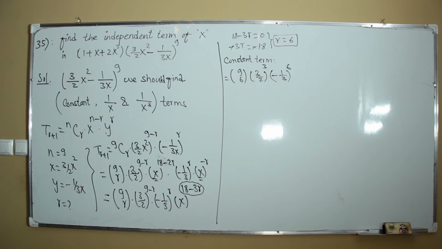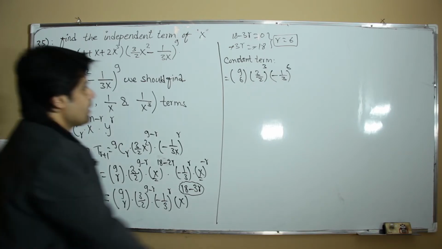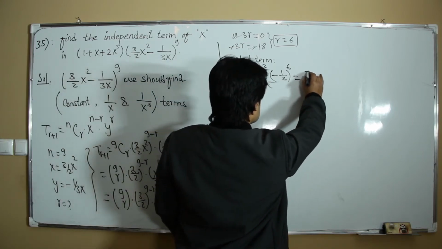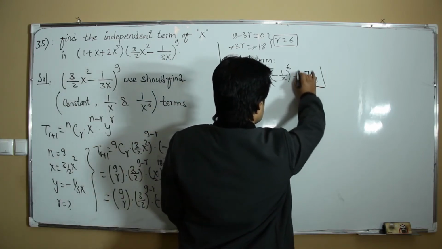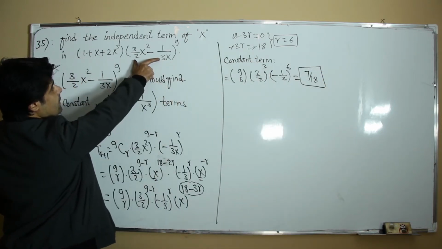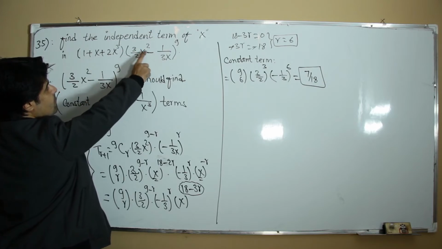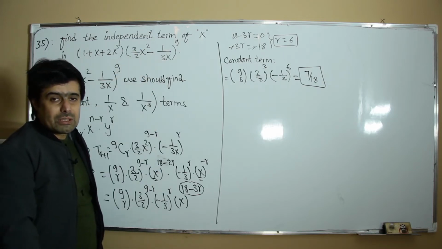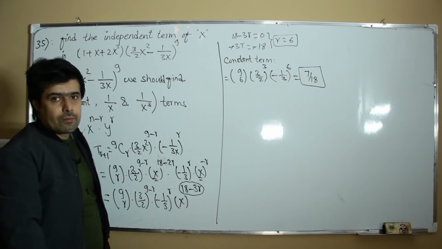It is 7 by 18. If you simplify this one, the answer is 7 by 18. This is the constant term in expansion of 3 by 2 x squared minus 1 divided by 3x raised to the power 9. Have you got?